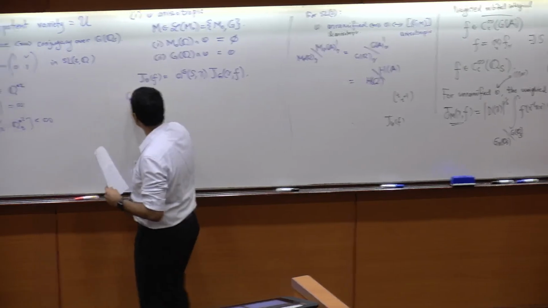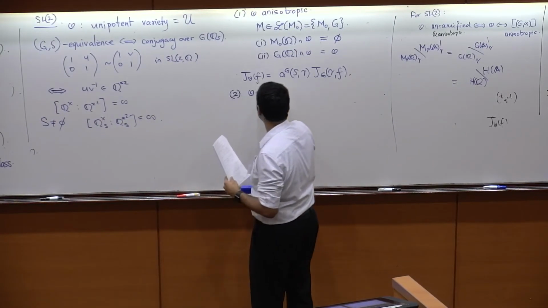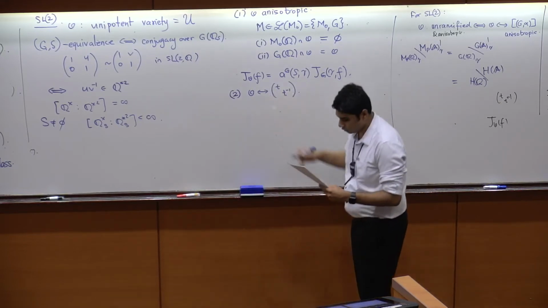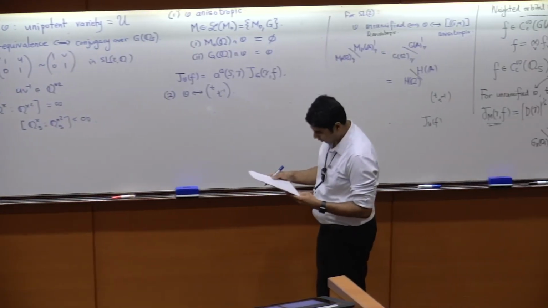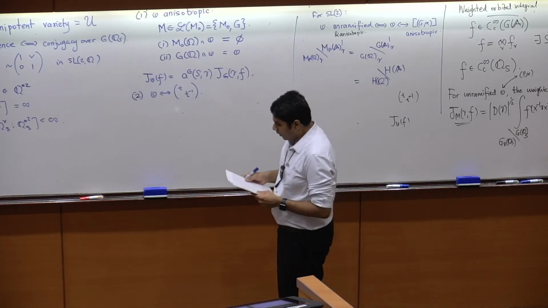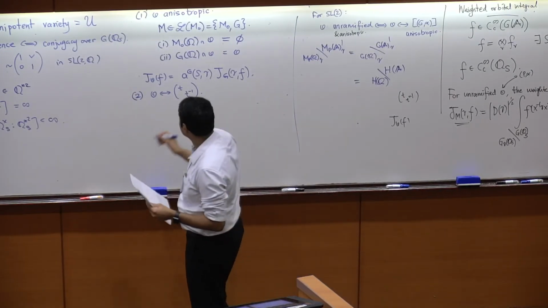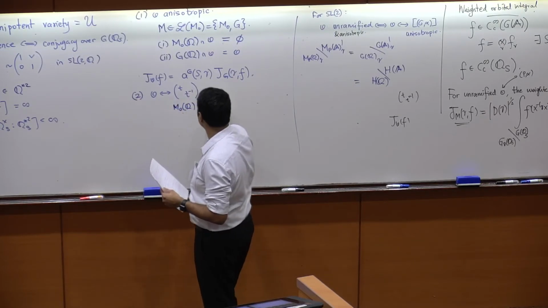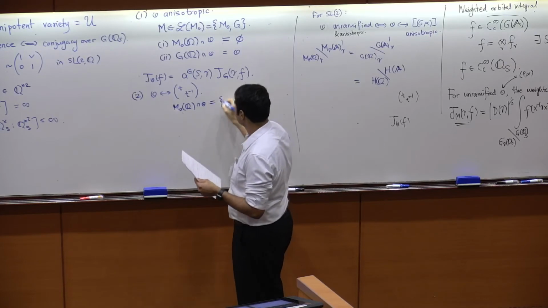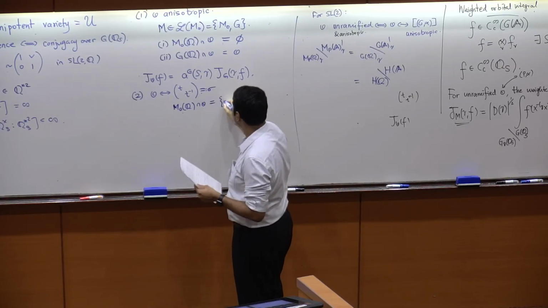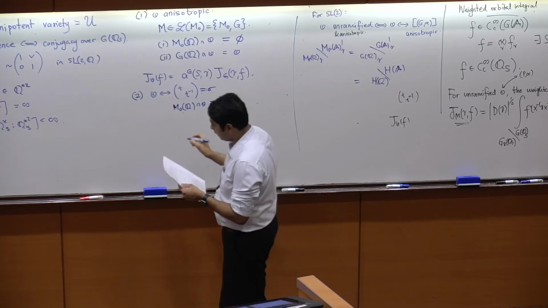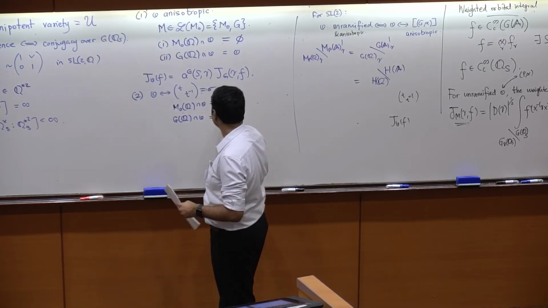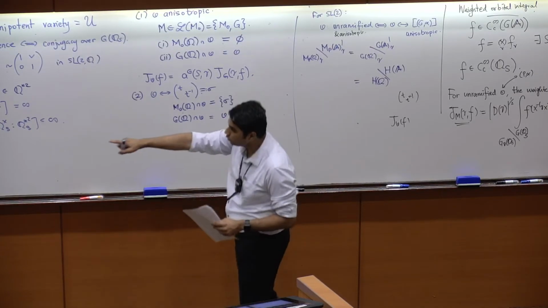In the second case, where O corresponds to the T, T inverse, this element belongs to O for T not equal to 1 or minus 1. In this setting, there are honestly two terms. M0(Q) will intersect O, so if I call this element sigma, then sigma is the intersection, and G(Q) also will intersect O, and so there are two terms in that.